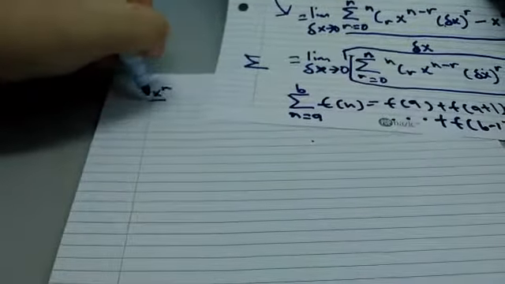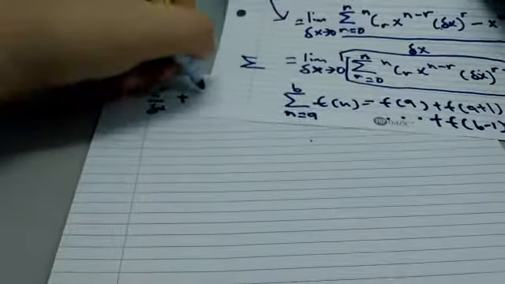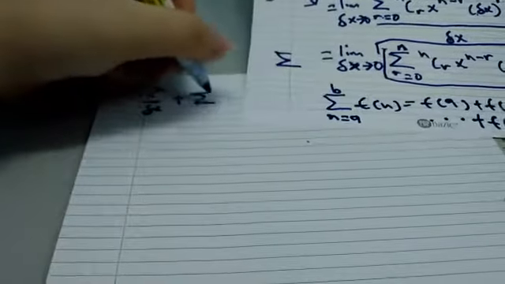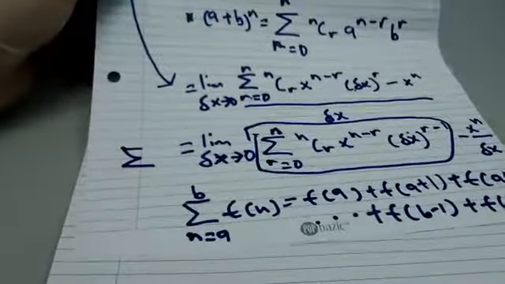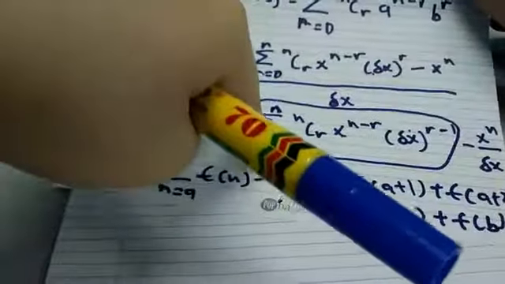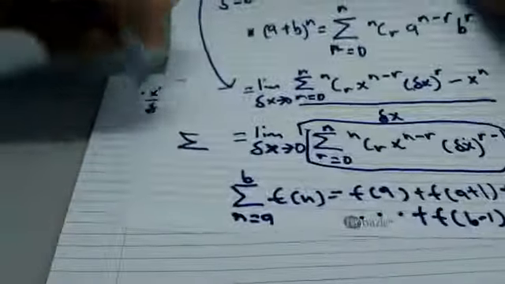So all over delta x, plus the sum from r is equal to 1, because you excluded the value of r equal to 0. So it is equal to x to the power of n over delta x.